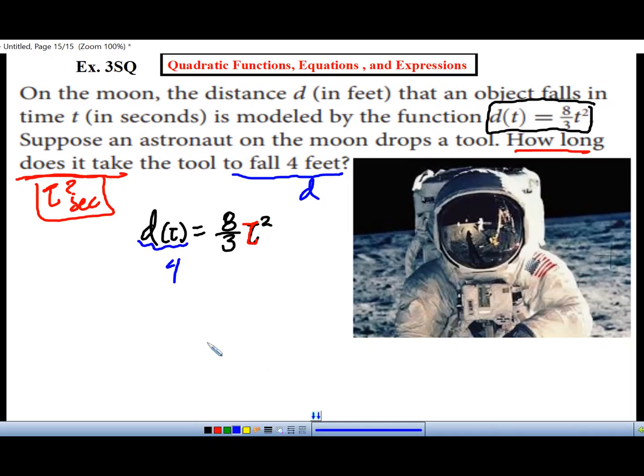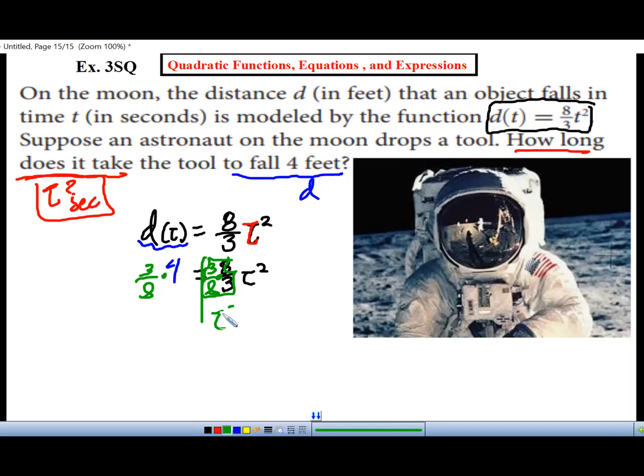So that goes 4 right there, and we have equals 8/3 t squared. So to start solving this, we need to leave t by itself. I need to get rid of 8/3, that's multiplying. So we need to multiply times the reciprocal, 3/8, on both sides. So this becomes a giant 1 right here.